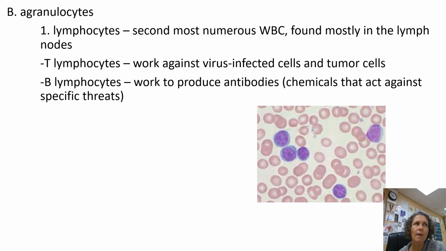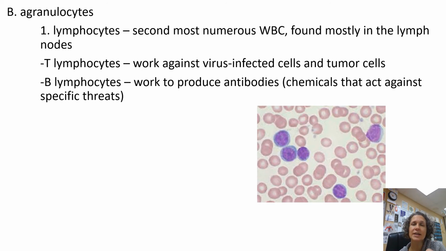They are very, very general. They will destroy anything. But then you have B lymphocytes, and these produce antibodies. An antibody is a chemical that works against a very specific threat. Every time you get sick, your body will produce some B lymphocytes against that specific virus or bacteria. It's the reason that you get vaccines.